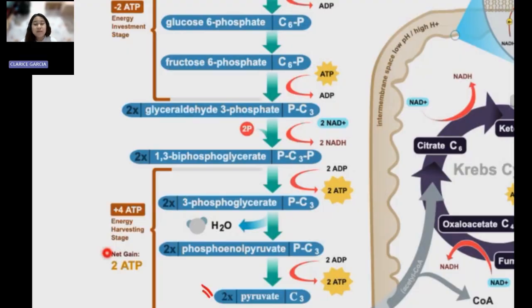This process generates a small amount of energy, 2 ATP and 2 NADH. The great thing about glycolysis is that it doesn't require oxygen. It is an anaerobic process.